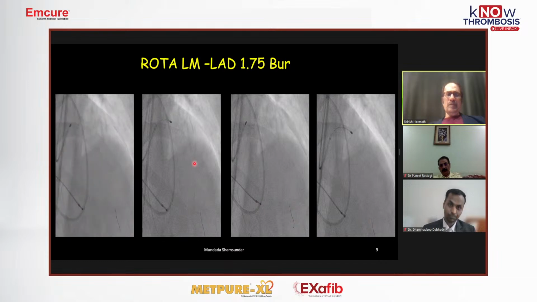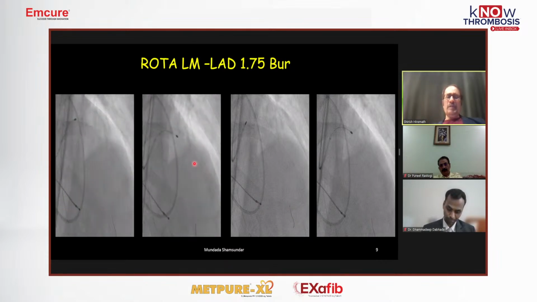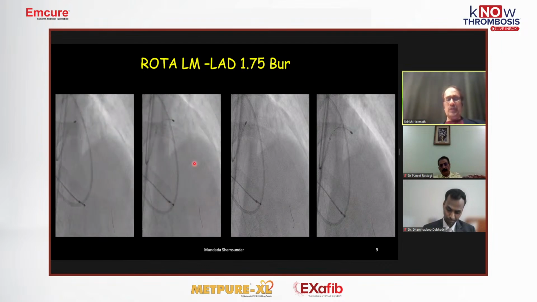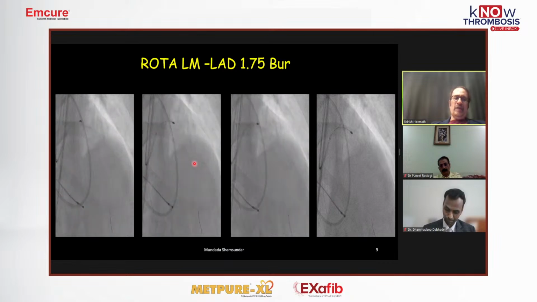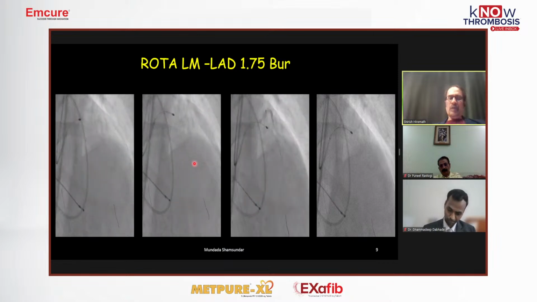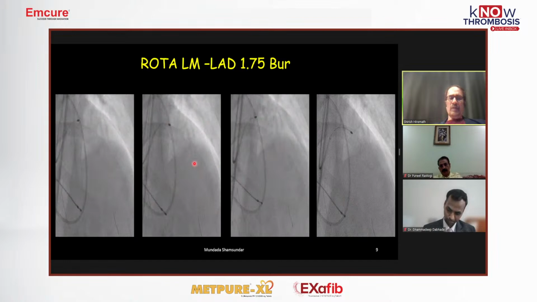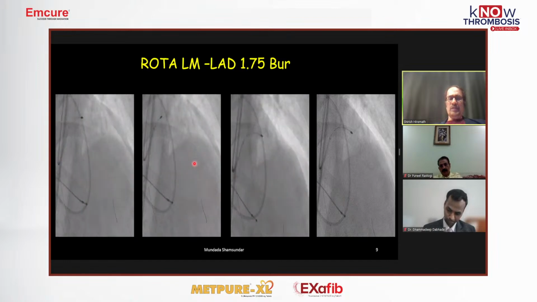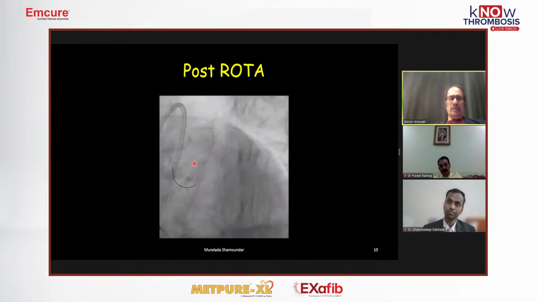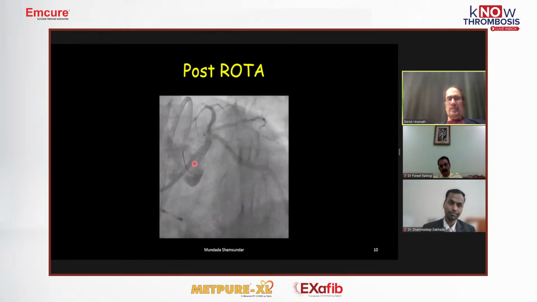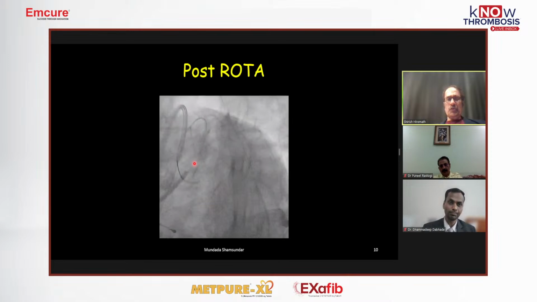Rota was done because the fluoroscopy also showed calcium. And I guess we should have tried to quantify the extent of calcium. 175 bar, and this is the post-Rota image.